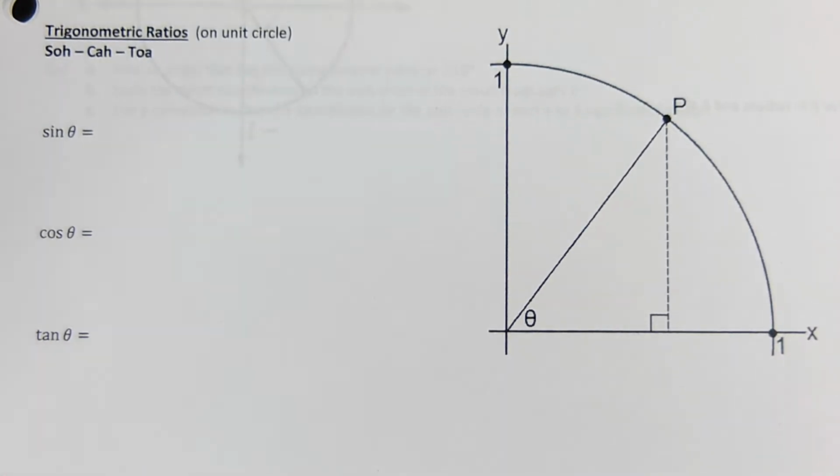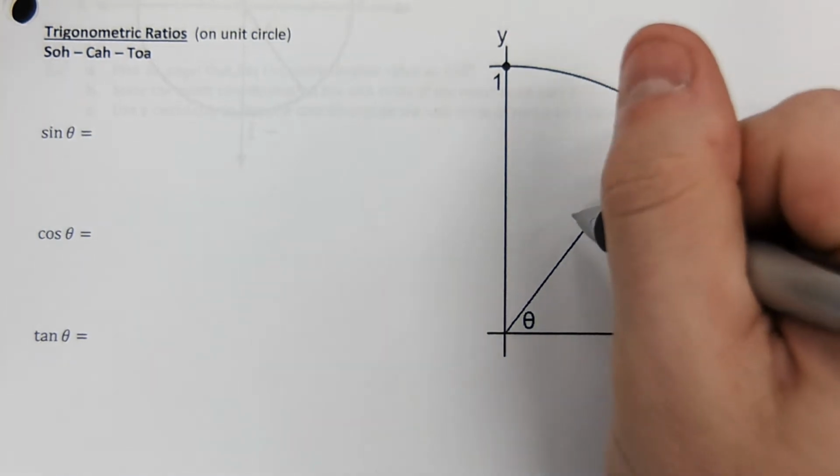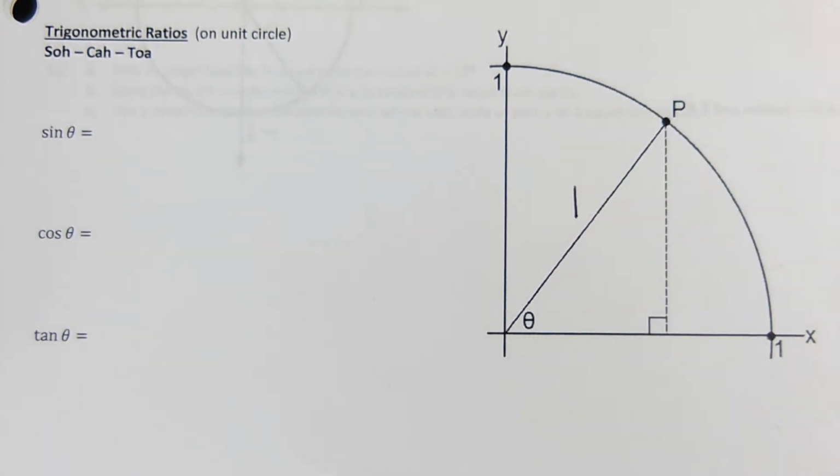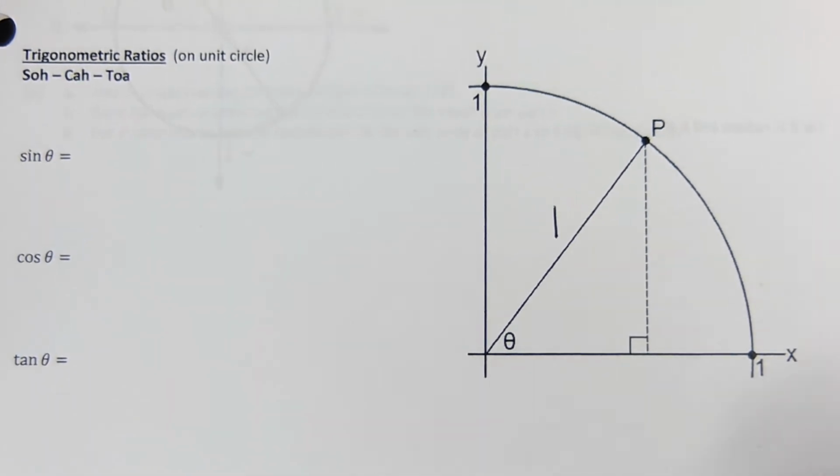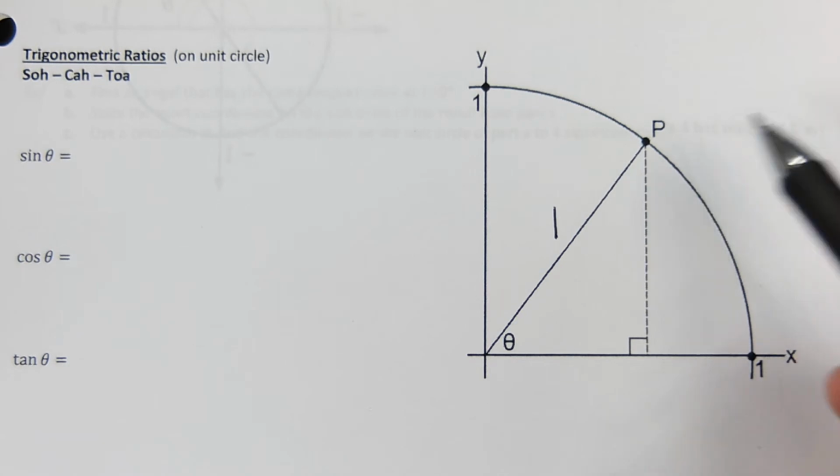So what I have here is quadrant 1 of the unit circle. And since it is the unit circle, we know that this radius is 1. Here's what we don't know. We don't know what the coordinates of P are. We do know that they're in quadrant 1, so it's a positive x and a positive y. Can we agree to that?